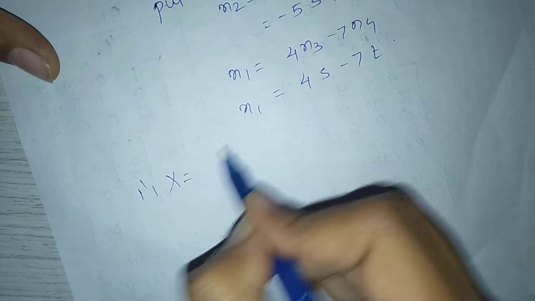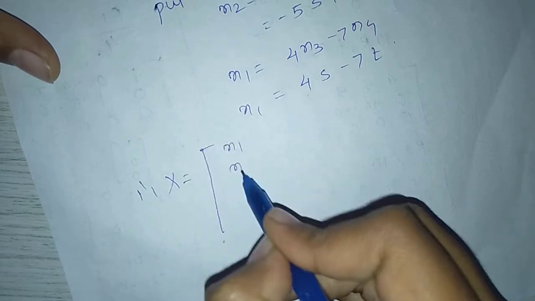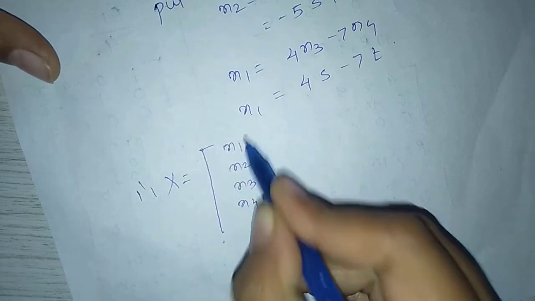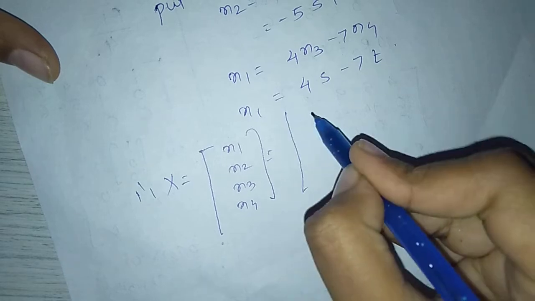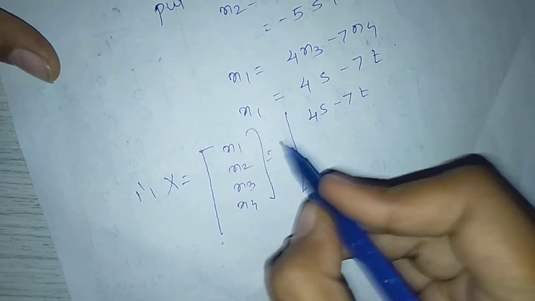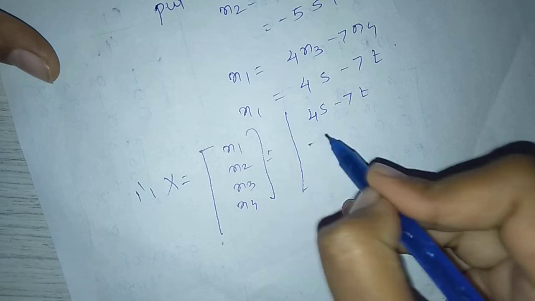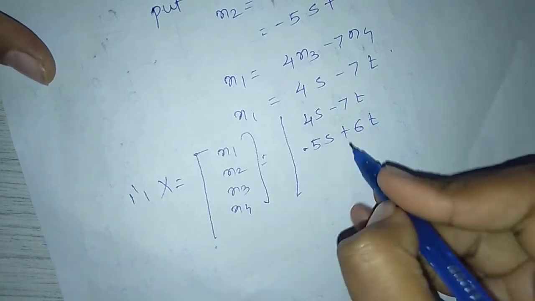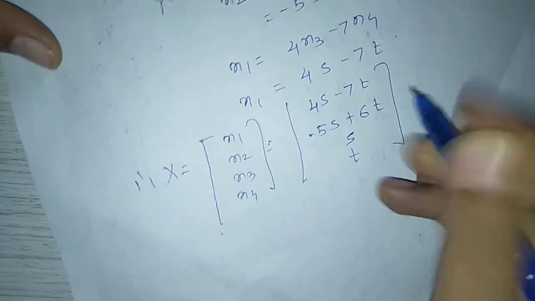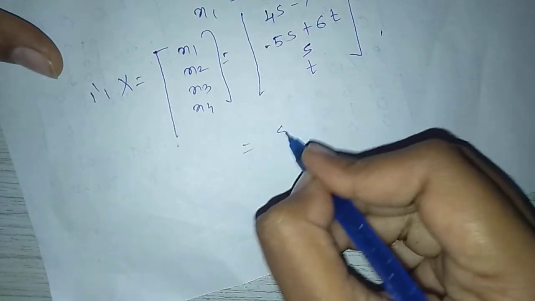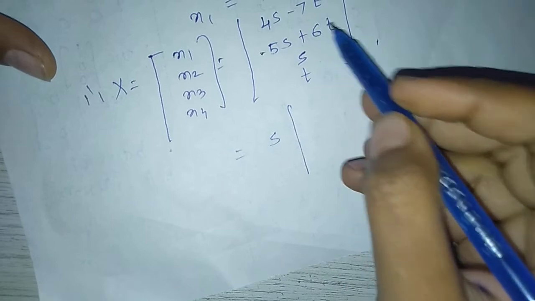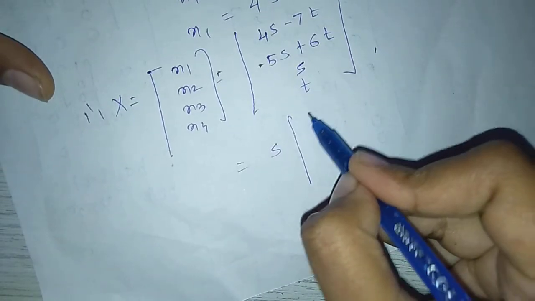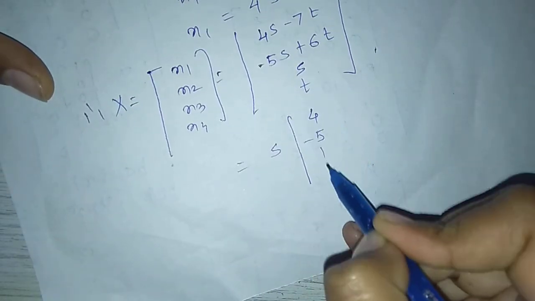Therefore capital X equal to x1, x2, x3, x4, where x1 is 4s minus 7t, x2 is minus 5s plus 6t, x3 is s, x4 is t. Now take s common and put t equal to 0, we get 4 minus 5 1 0.